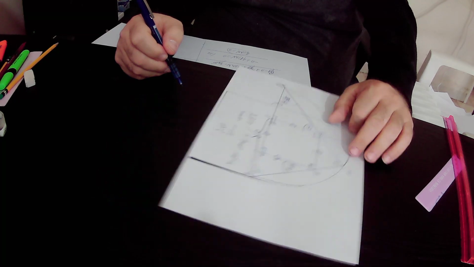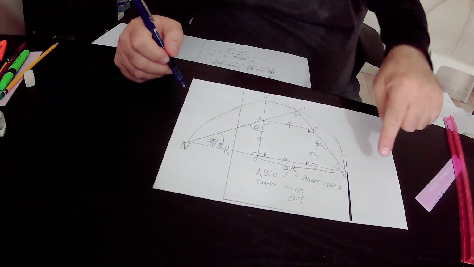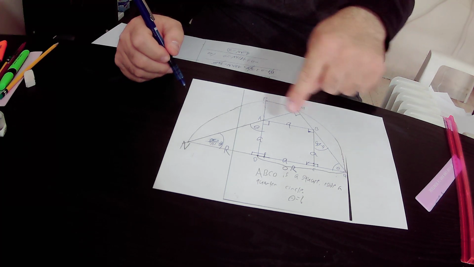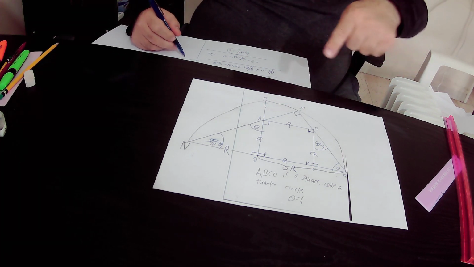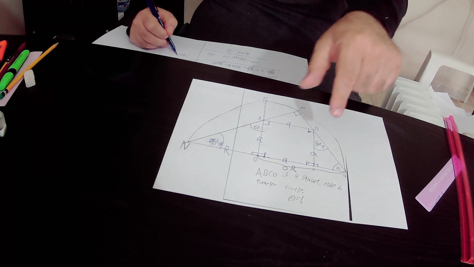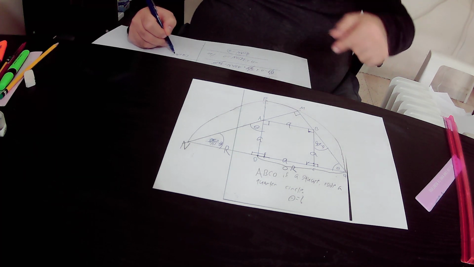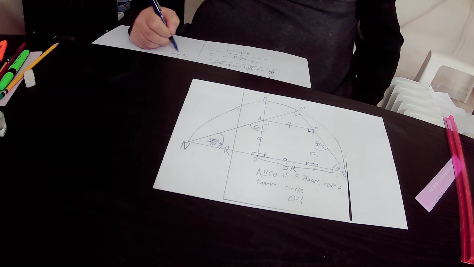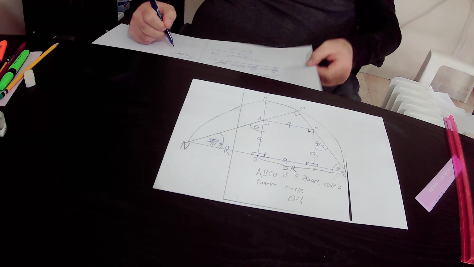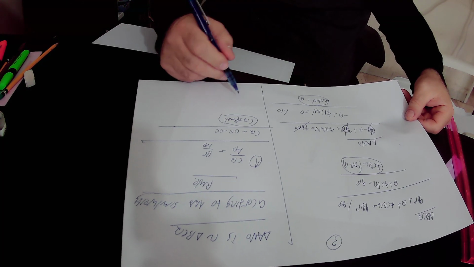So CQ equals OQ, that is R, minus OC, that is A. In conclusion, CQ equals R minus A.